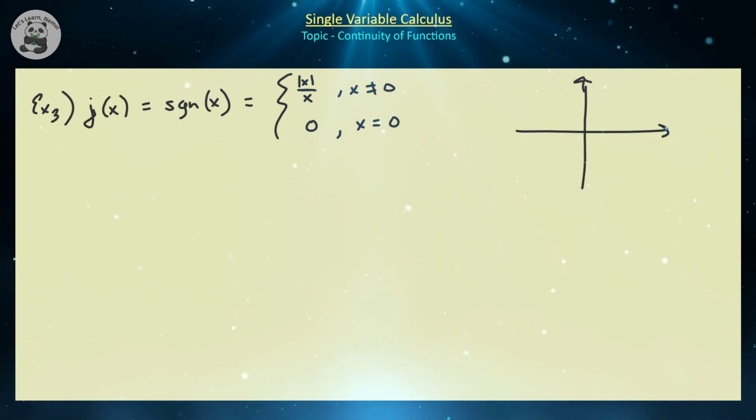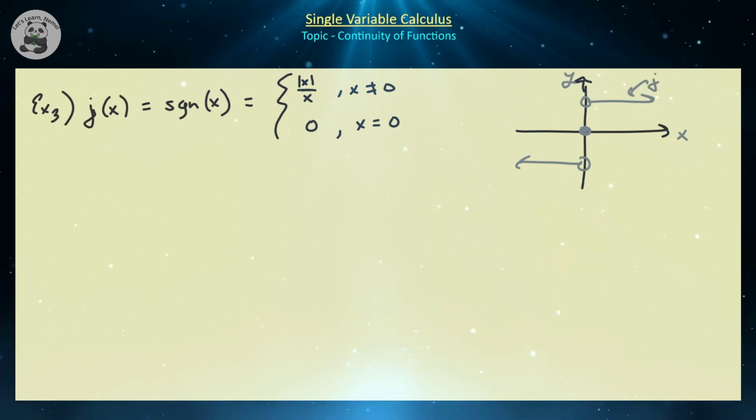In particular, you will obtain a graph similar to the one shown on the right, and that is our function, aka the sign function. If you feed it a negative number, it will produce -1. If you feed it a positive number, it will produce 1. And if you feed it 0, it will return 0.